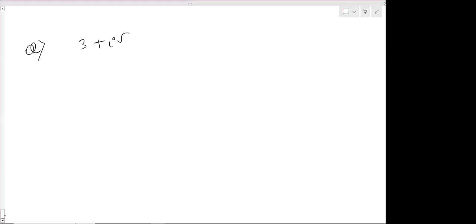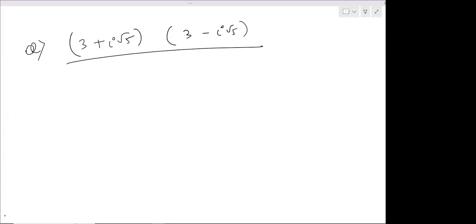3 plus i root 5 times 3 minus i root 5, whole divided by root 3 plus root 2 i minus root 3 minus i root 2. Let's simplify this.